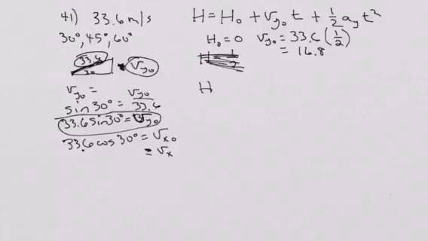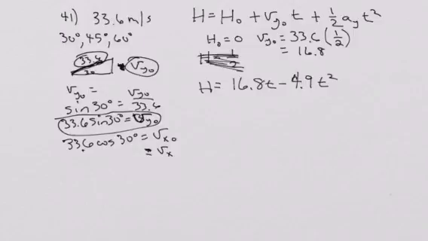So I can rewrite this as 16.8 times t minus 4.9, which is 1/2 of 9.8, t squared.